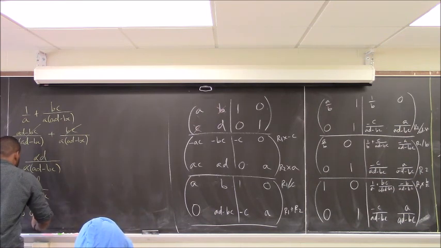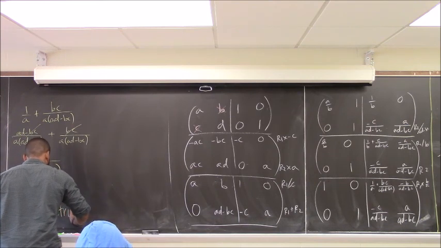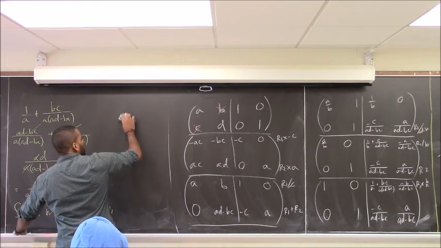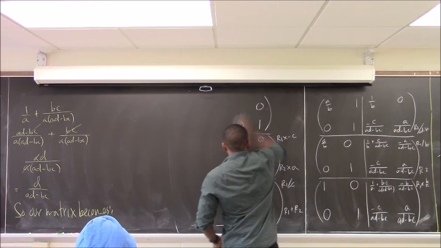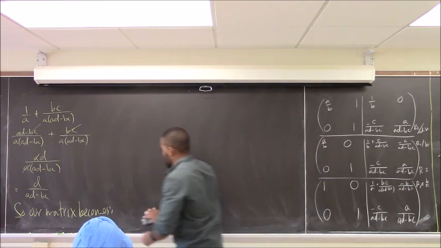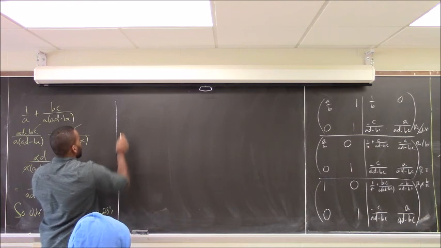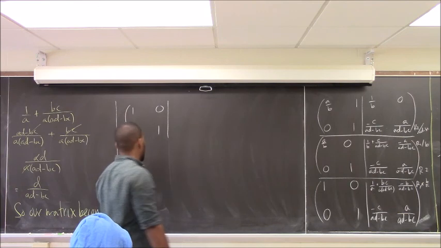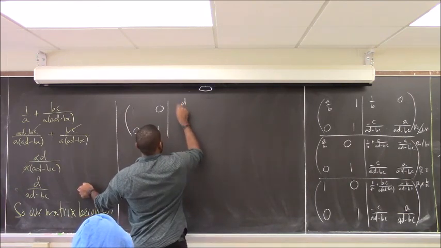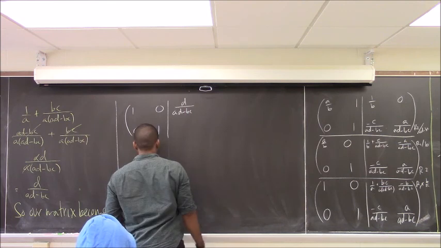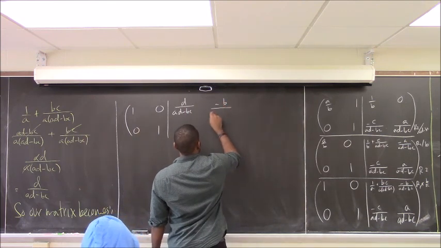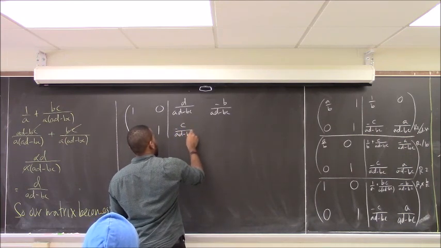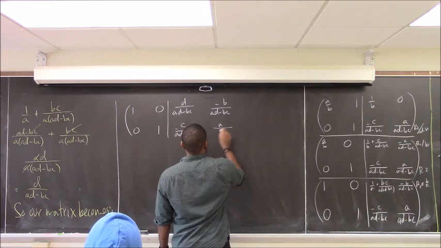So our matrix becomes 1, 0, 0, 1. That's the identity on the left side. Over here, I would have d over ad minus bc, minus b over ad minus bc, minus c over ad minus bc, and a over ad minus bc.